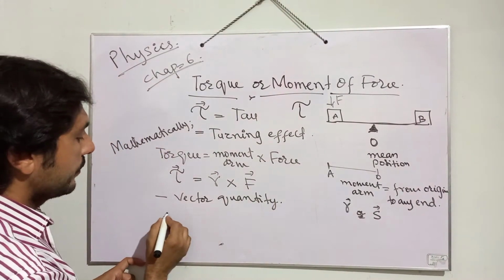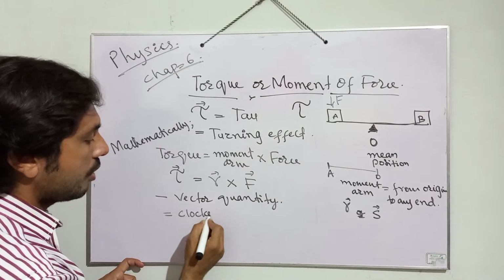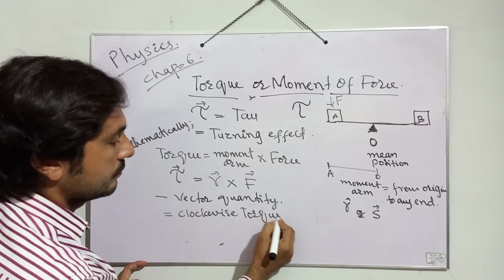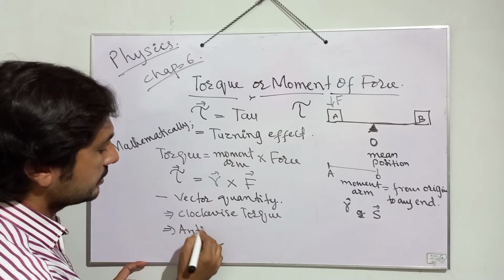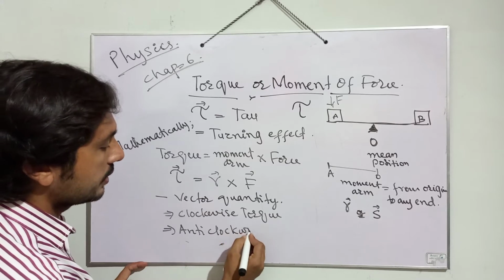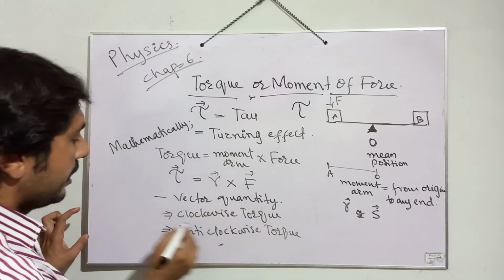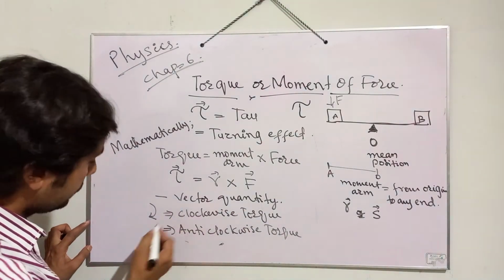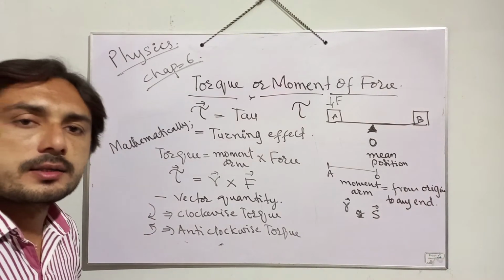The torque may be clockwise, or the torque may be anti-clockwise, or we can say counterclockwise. If it is clockwise, it will move in the direction of the clock. If it is anti-clockwise, it moves away from the clock's direction.